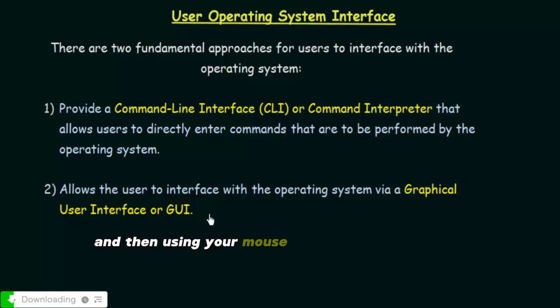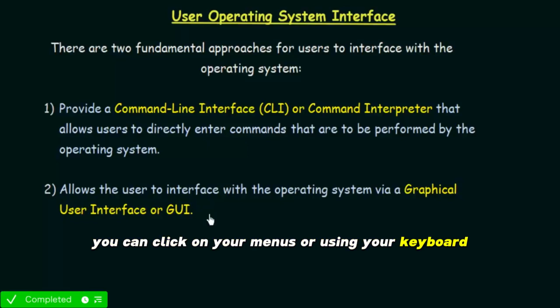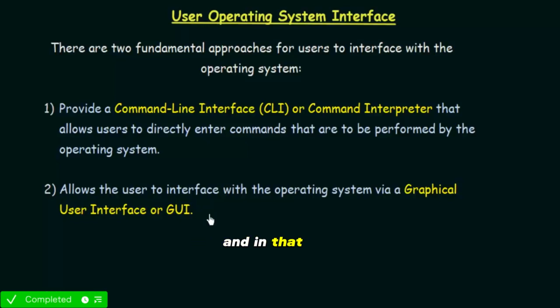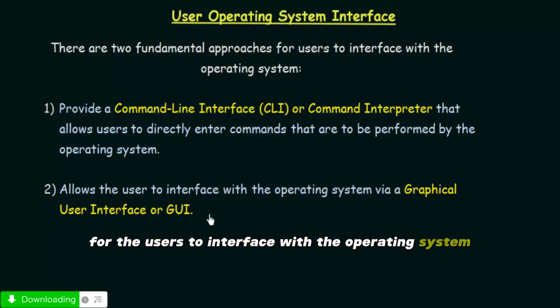Using your mouse or pointing devices, you can click on menus, or using your keyboard, you can enter something, and in that way you interact with your operating system. Even while watching this video, you got here using your graphical user interface. So these are the two fundamental approaches for users to interface with the operating system.